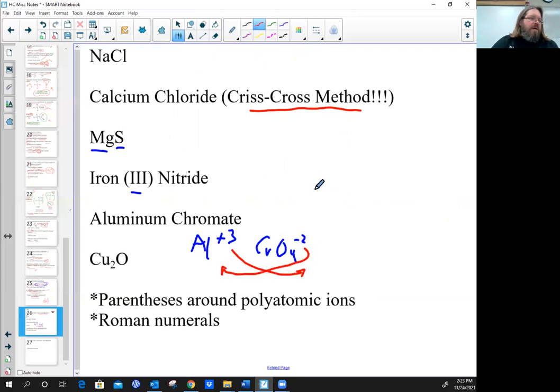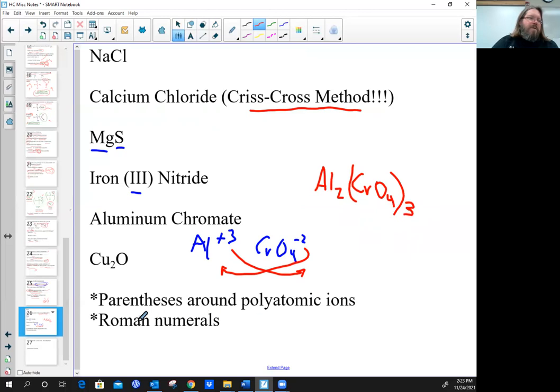And now we write down Al2, and then I want you to notice something, CrO4. I've got a polyatomic ion, and I've got to use a subscript next to it. I've got to put it in parentheses. So the CrO4 gets put in parentheses, and then the subscript gets put outside of it.